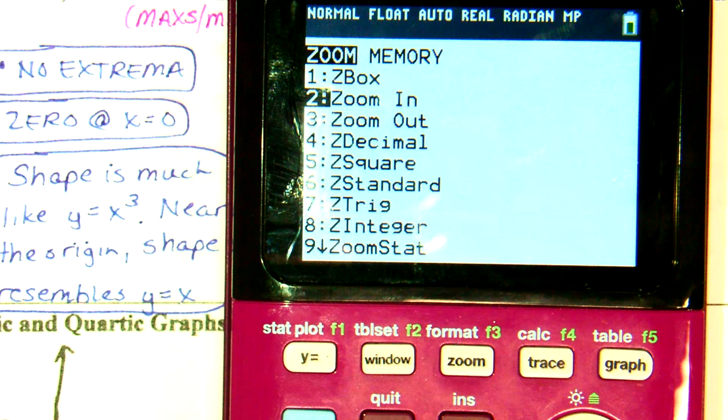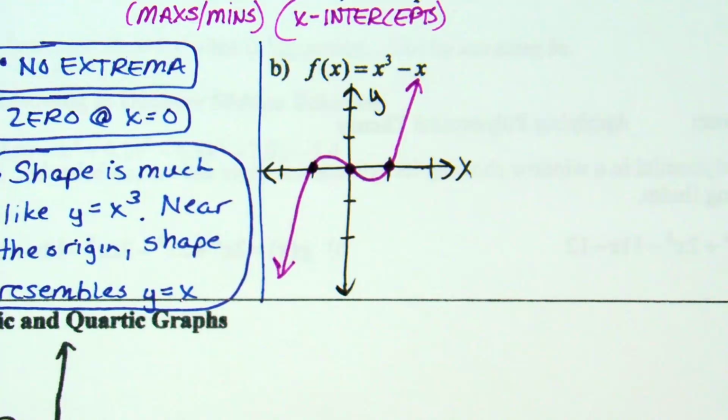Now, what's going to make that change? It's that minus x. And we'll investigate that a little closer in a moment. But let's start by talking about extrema. What do you remember about extrema? Do we have any?